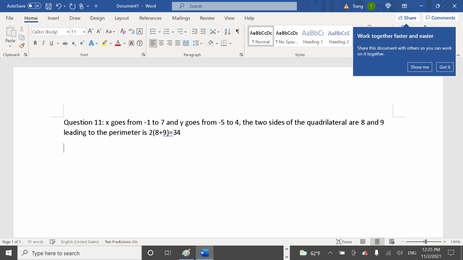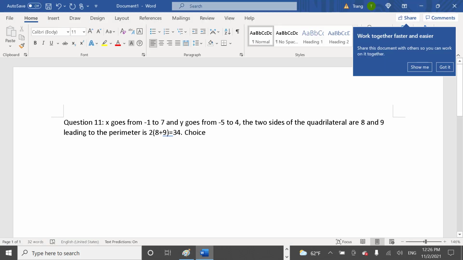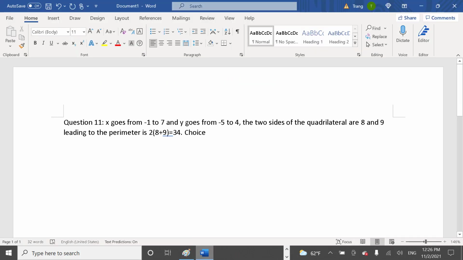That's the perimeter, and we go for just E. That's question 11.